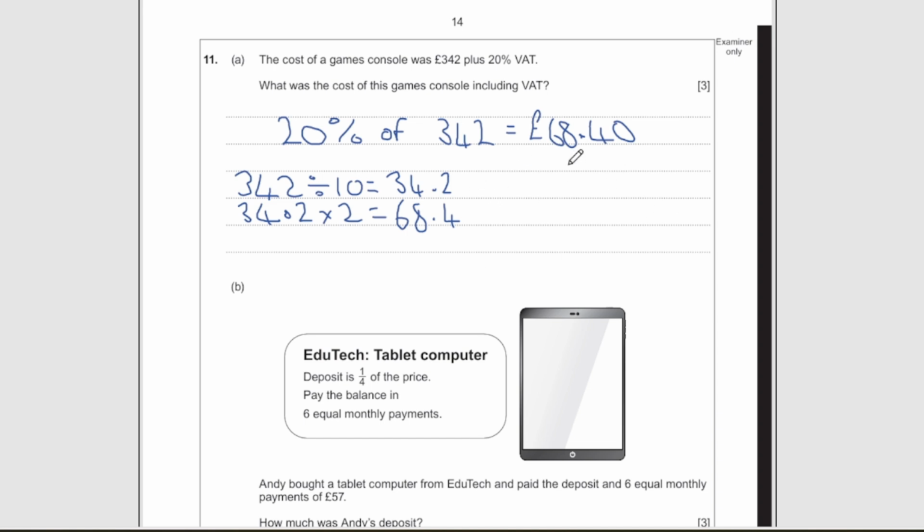So I'll do it in this section here. We've got 342. We're going to add £68.40.